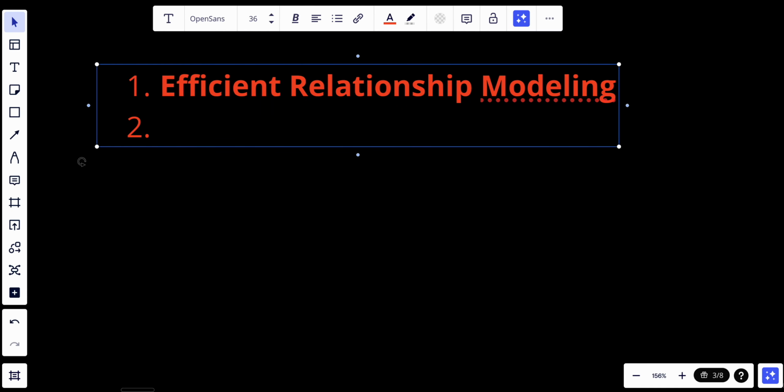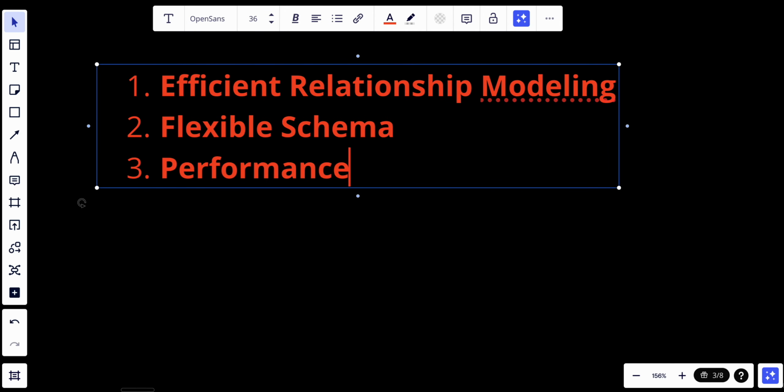Also, let's talk about the flexible schema. Unlike traditional relational databases, graph databases typically have a schema-less or flexible schema model, allowing you to adapt to changing data structure and relationships without significant schema modifications. Also, why we need it for performance.